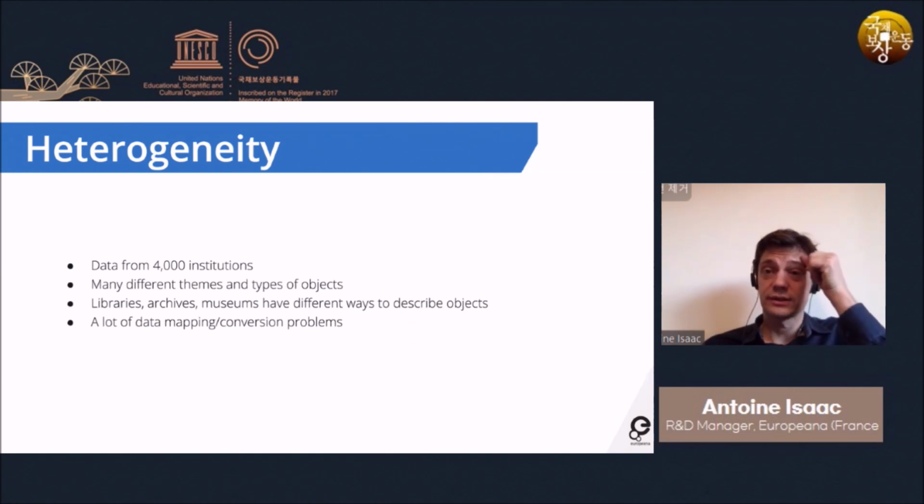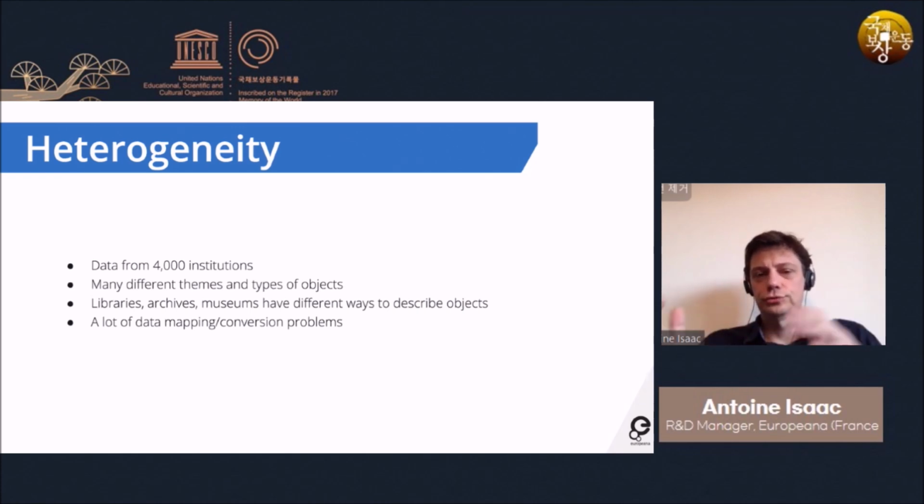The second issue that we have is the one of heterogeneity. So we receive data from 4,000 institutions, as I've already said. And of course, that means that we receive data that is about many different themes, many different types of objects, and all the cultural heritage institutions, the libraries, the archives and the museums, they have different ways to describe the object. There's not one right way to describe an object.